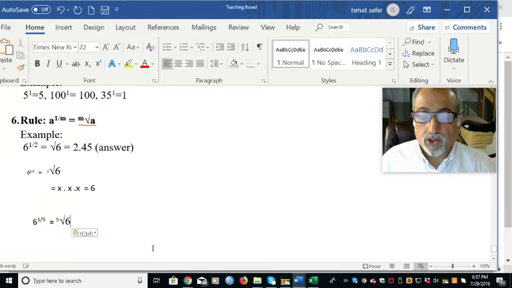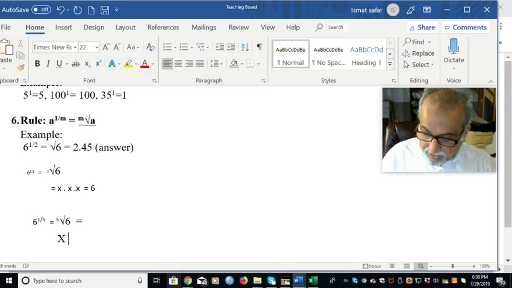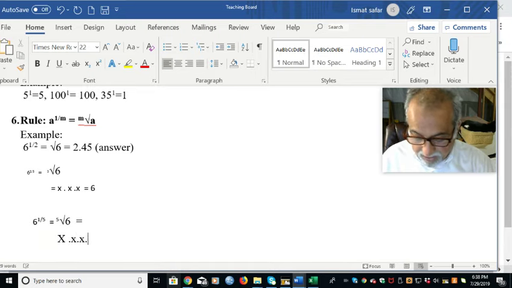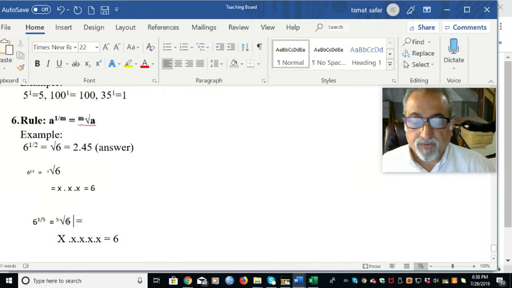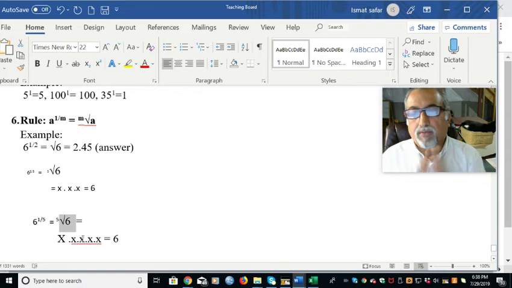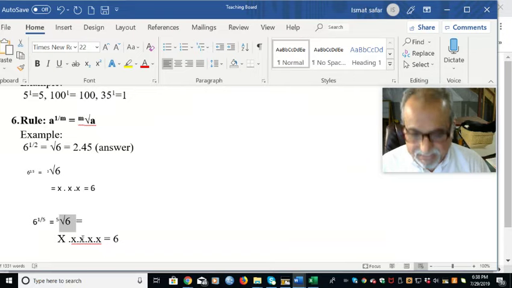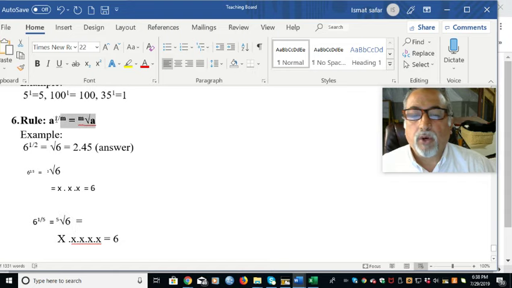What is the number that, if you multiply it by itself 5 times, will equal 6? So x times x times x times x times x equals 6. The fifth root of 6 is an x, a number that, multiplied by itself 5 times, equals 6. That is the meaning of this rule.